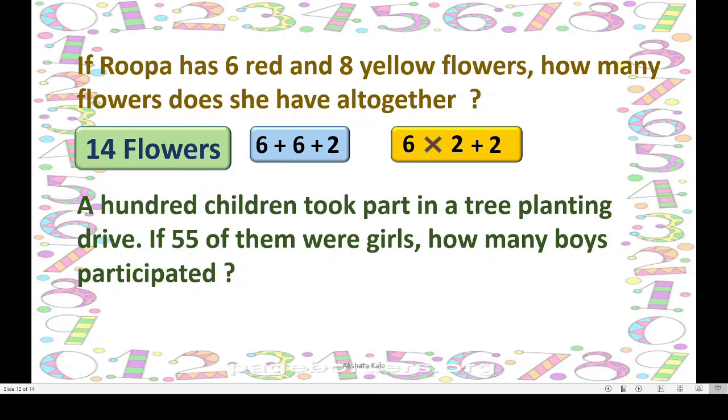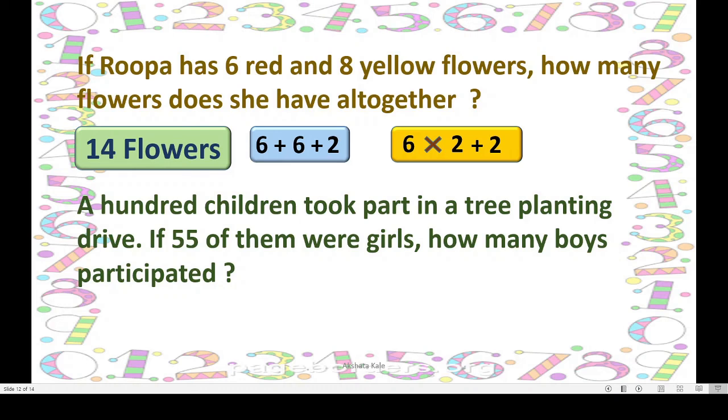Don't use pen, pencil, anything. No mobile, no calculator. You have to do this one in your mind. Because these are oral sums. Yes, you know this is a subtraction, minus sum, isn't it? How many left? How many more? Then it goes to subtraction. Right? What is the answer now?